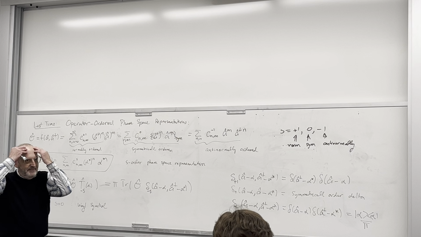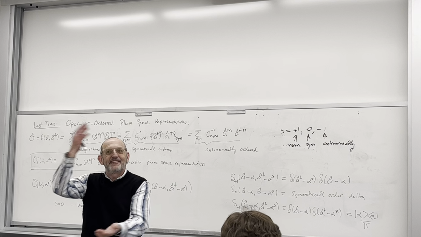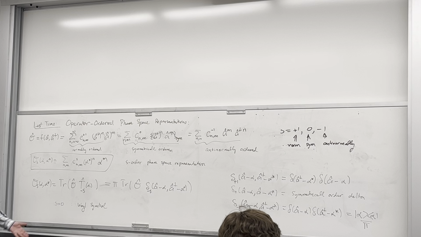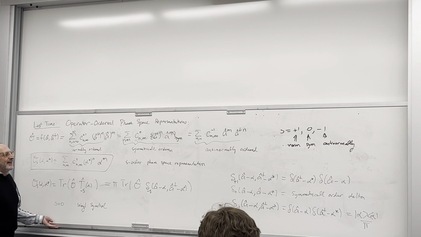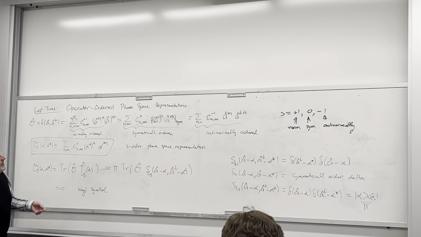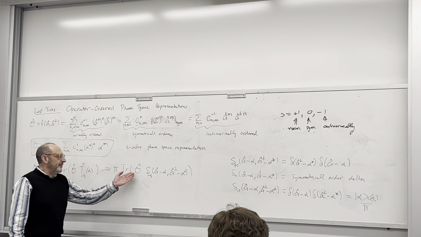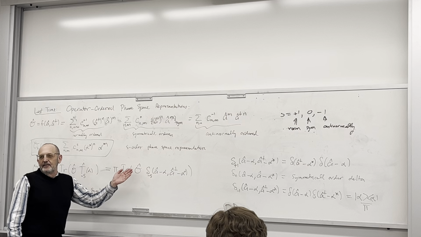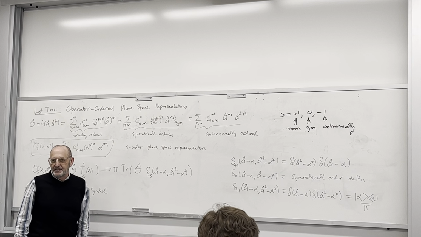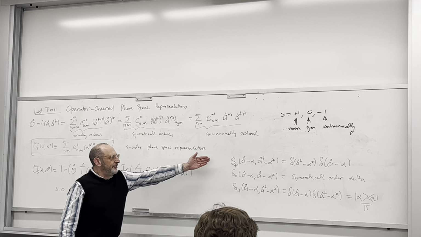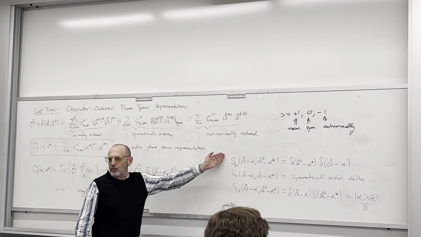But that's just completely confused because this is the S-ordered representation anyway. Okay, so we obtain this by looking at the trace of the operator with the -S ordered delta function with this pi. Okay, so these are the different S-ordered delta functions.